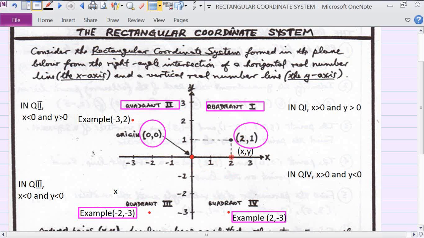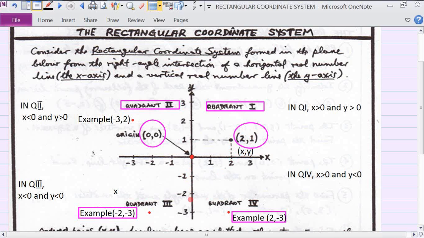For example, here x is 2, and we've got a line going up and down, and then we intersect this with a y value. Here y is 1 and x is 2. First we do x is 2, we go over 1, 2, and then because y is positive, we move up 1.